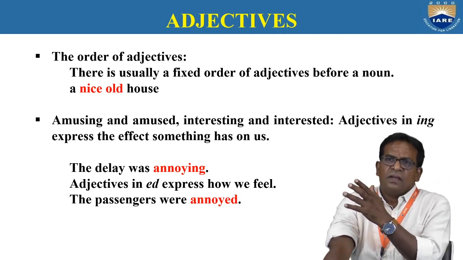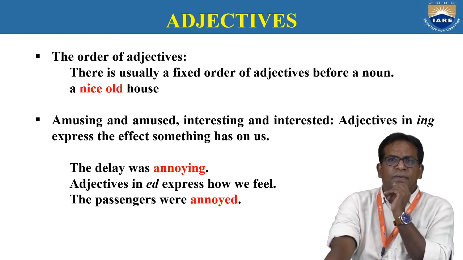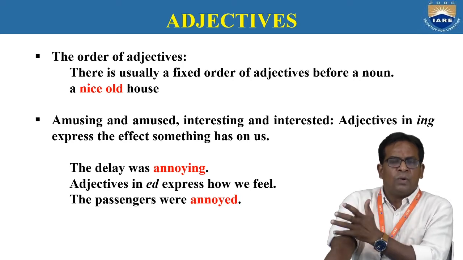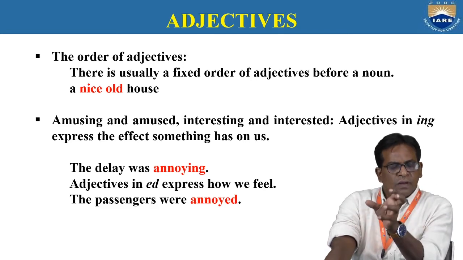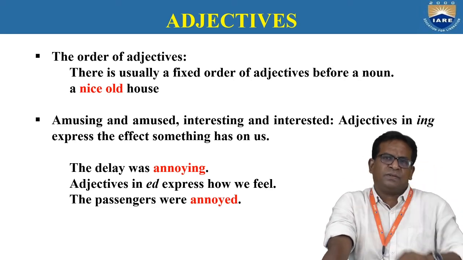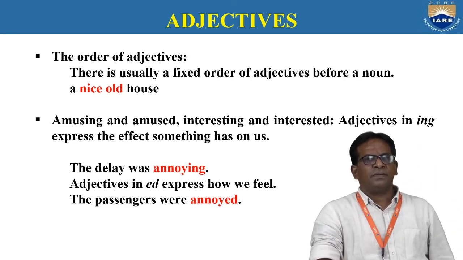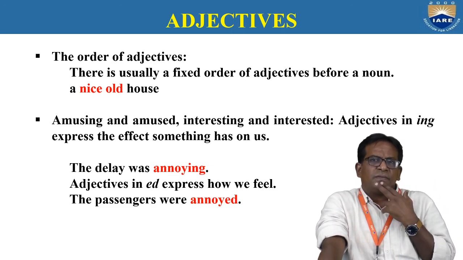I saw a handsome man. I saw an old house. Determiner, adjective and noun. This is a very fixed position. Usually, whatever you write, a nice old house, is a fixed position.